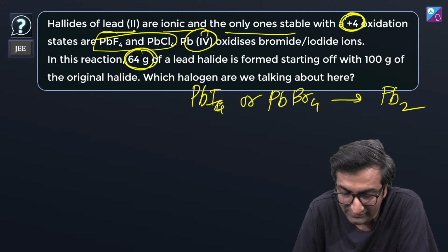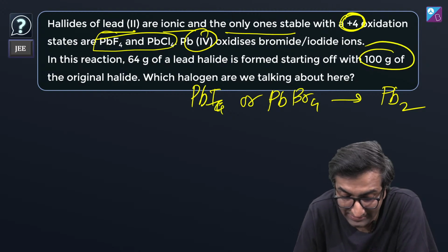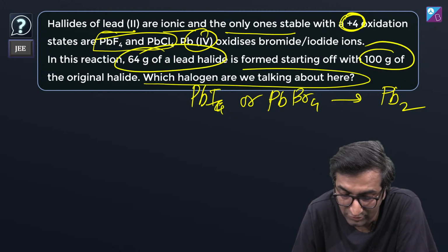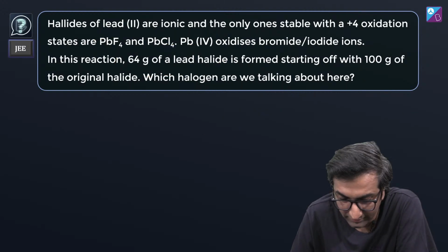So I start with 100 gram of a lead halide and I get 64 gram. So which halogen am I talking about? Practically, is it iodine or is it bromine? Yeah, this is the overall reaction.